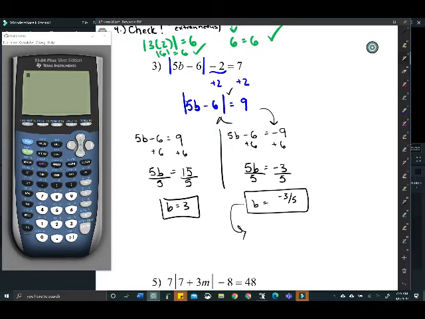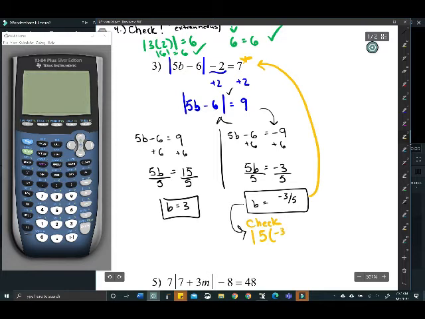And when you're checking, substitute it into the very original. So I'm putting it into this equation. Okay, so my check is absolute value, 5 negative 3/5 minus 6. Well, that's negative 3 minus 6, which is negative 9.